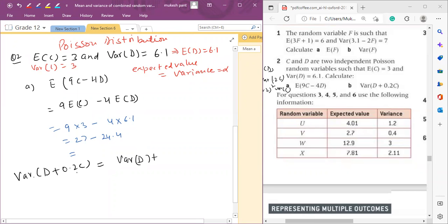But here you see there 0.2, it means 0.2 its whole square and the variance of C. Okay, guys, variance of D is given 6.1, and this is 0.04, right? And C is given 3. So 6.1 and 3 times 0.04 is 0.12, so this will be 6.22. 6.22 will be the variance of this D and C.